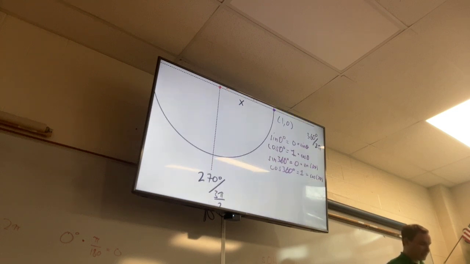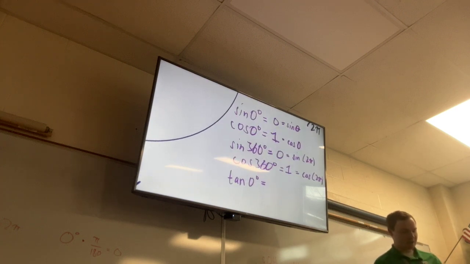So what's the tangent of 0 degrees going to be? How do I find that? It's going to be the sine of 0 degrees right here, 0, over the cosine of 0 degrees, which is 1.